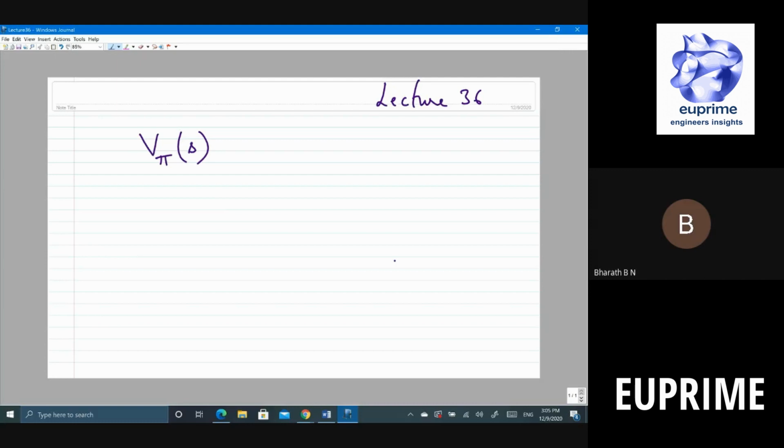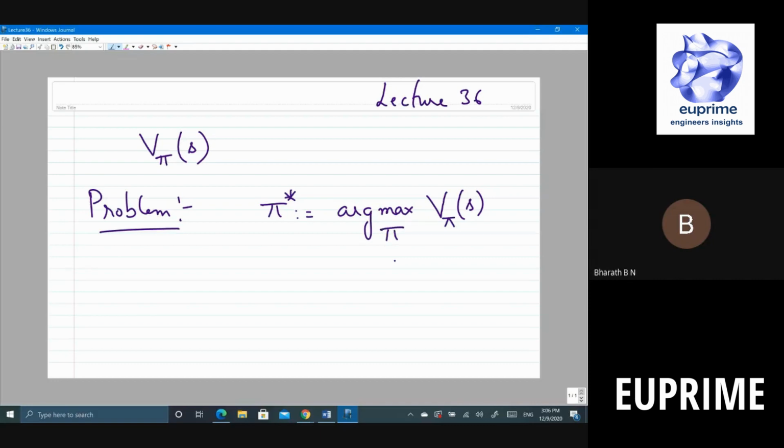In fact, what is it that I want to do? The problem is the following: I want to find the policy, that means I want to find a pi star, which is nothing but the arg max of this V pi of S. You take different policies and see what value you get when you start from some state S, and let me call the best one pi star.